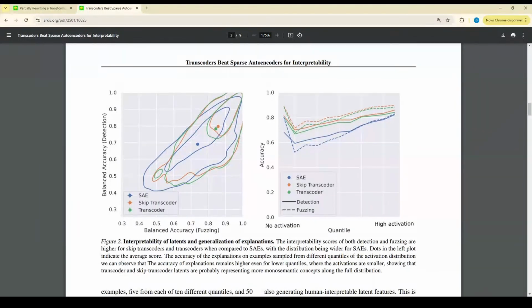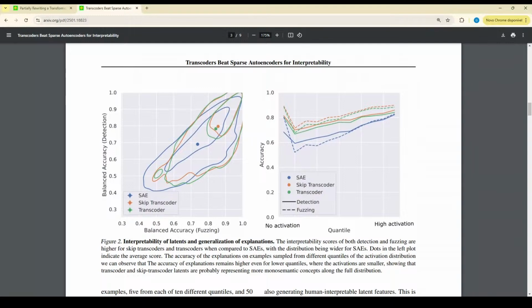For those that are not familiar with our auto interpretability framework, the two scores that we give explanations, we call them detection and fuzzing.